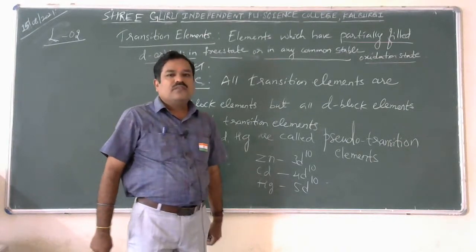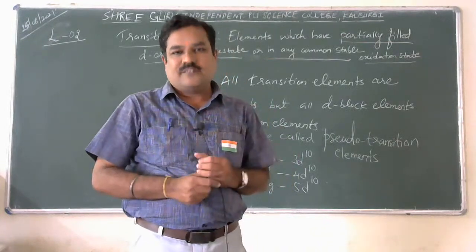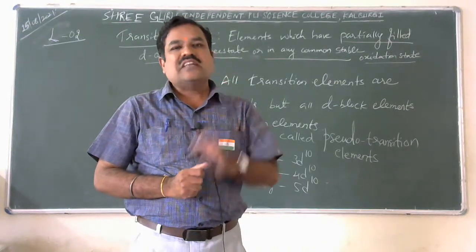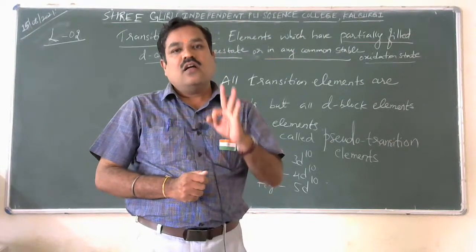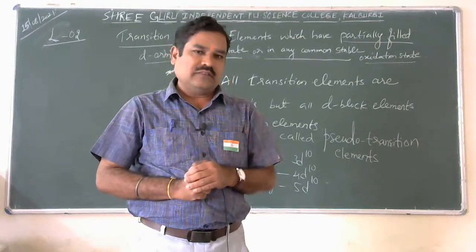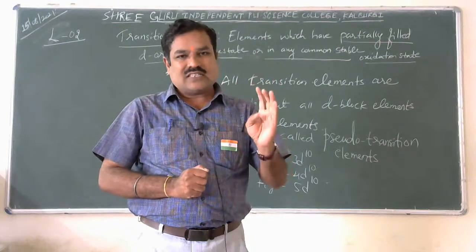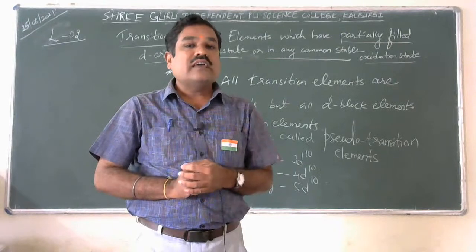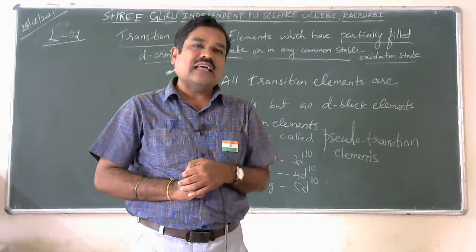Now I will come to the common properties of these transition elements. As far as physical properties are concerned, these transition elements are very hard, have high tensile strength, are highly ductile, highly malleable, have high thermal conductivity, high electrical conductivity, and a large number of unpaired electrons.